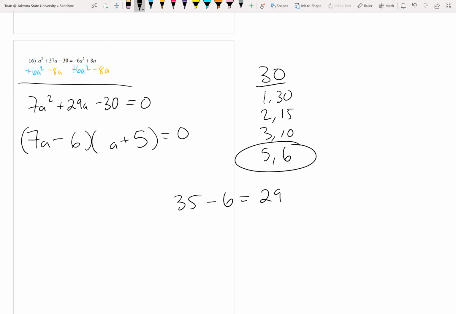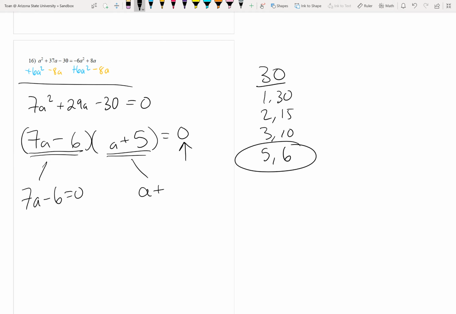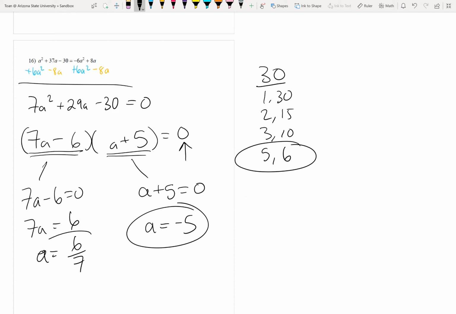So the idea is that once you have it in factored form, the zero product property says set each individual one of these factors equal to 0 separately, because it equals 0, that's an important thing, and then solve. So the left equation, you add the 6, divide out the 7, a is 6/7. On the right equation, subtract the 5. a is negative 5. Those are your two answers.